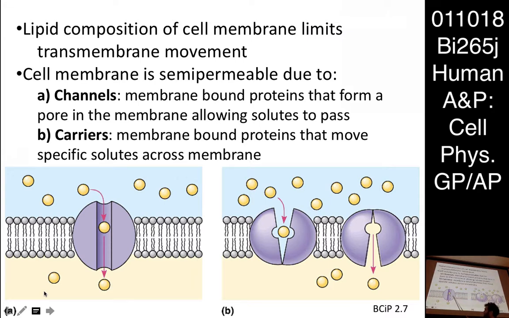And in terms of the kinds of proteins that are embedded in a membrane that facilitate the transport of different solutes, there are two types. There are channels and there are carriers. A channel is just a pore. It's just a hole, as the name would suggest, just a passageway.